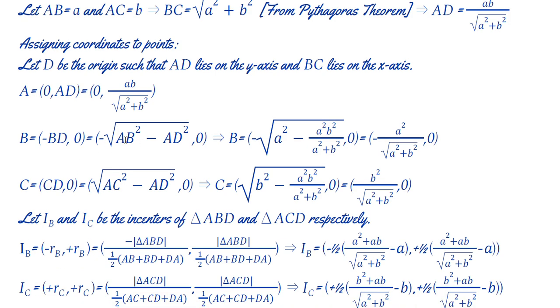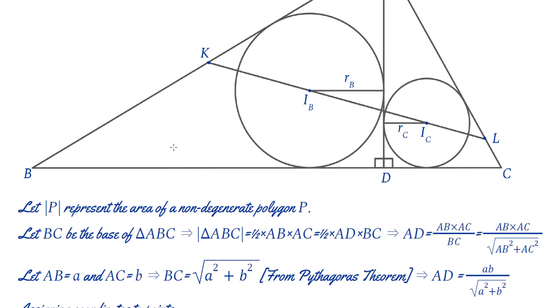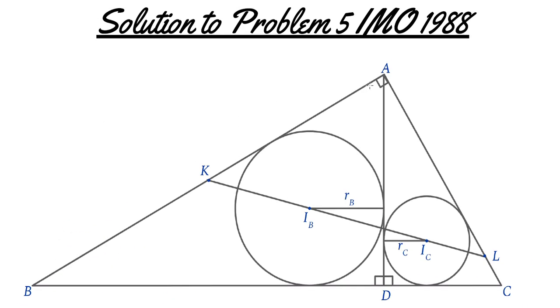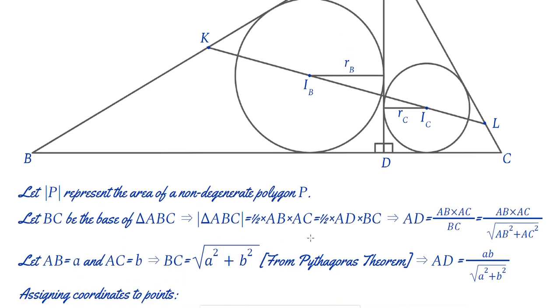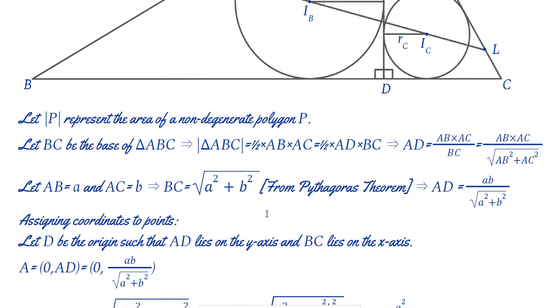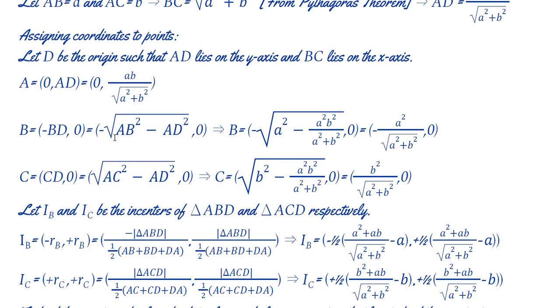So it'll be minus, using Pythagoras theorem, we can take AB squared minus AD squared is equal to BD squared. So basically, AB squared minus AD squared will give you BD squared. And what we want is the square root of BD squared, which is basically BD. So that's what we did here.